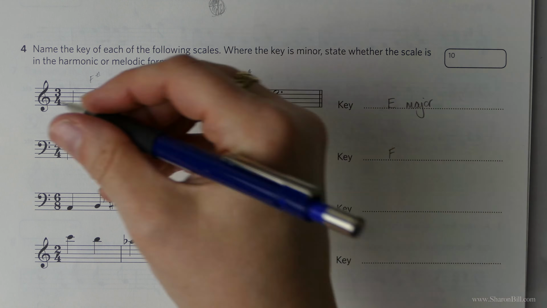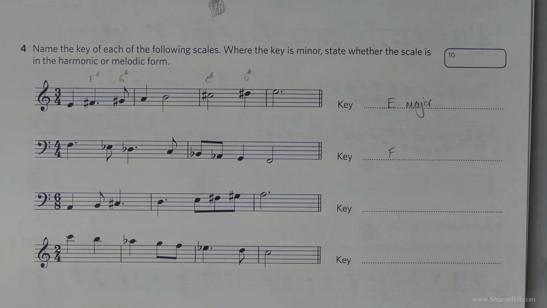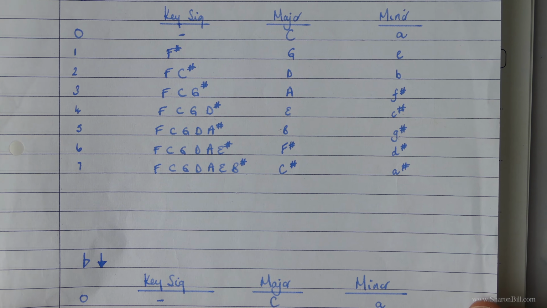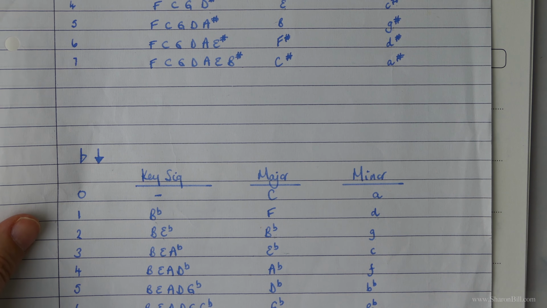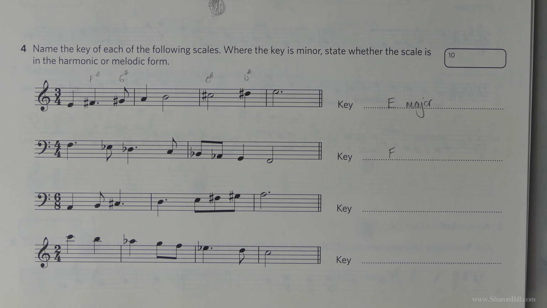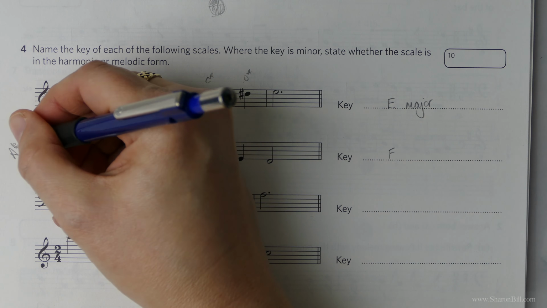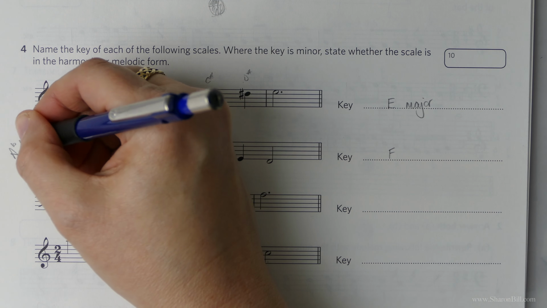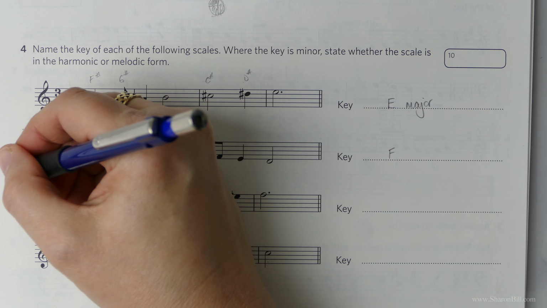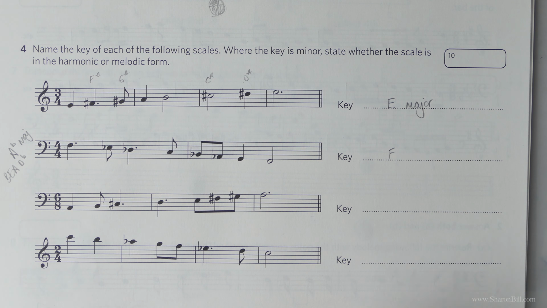Now F minor is related to A flat major, and as I said before, if you've written that on your circle of fifths, you would already know what's going on there. And so we know that F minor is related to A flat major, which is B flats, E flats, A flats and D flats.